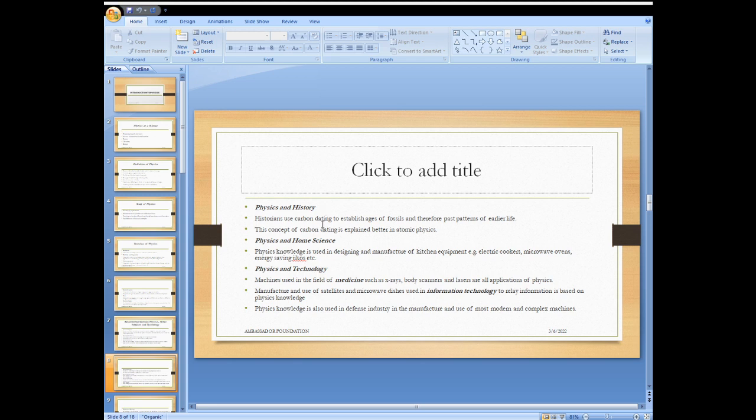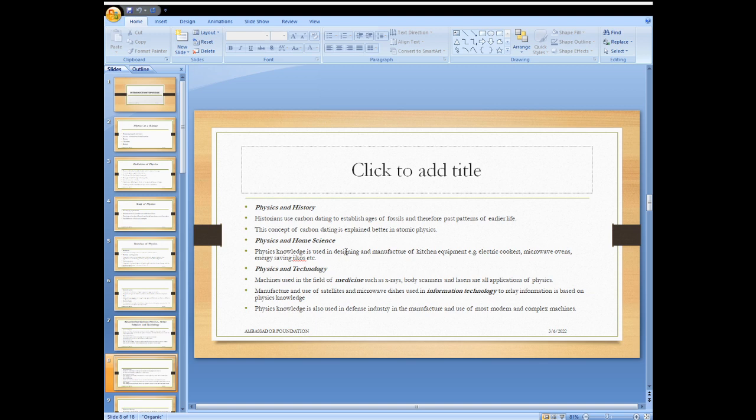Historians use carbon dating to establish the ages of fossils and therefore past patterns of earlier life. You see now, when fossils are found, we use what we call carbon dating, which is actually from physics, so that the historians can give a date that the fossil or the animal existed. This concept of carbon dating is explained better in atomic physics. So physics actually is life. Physics and home science.